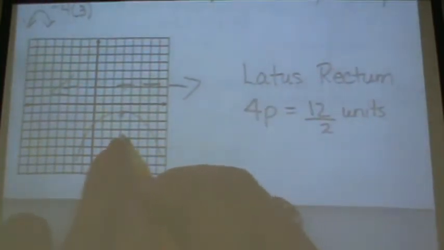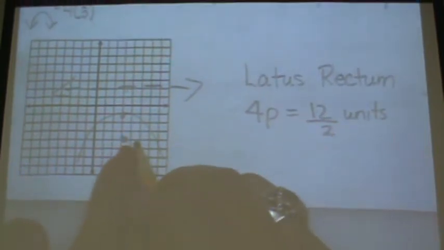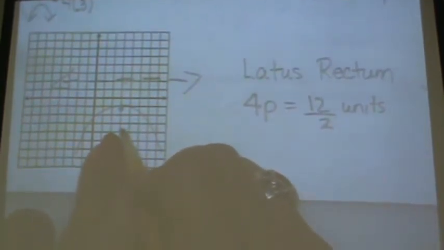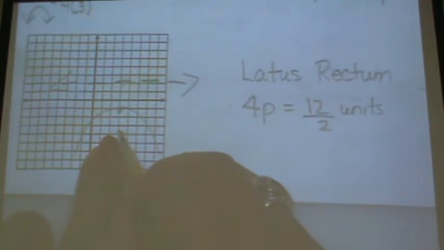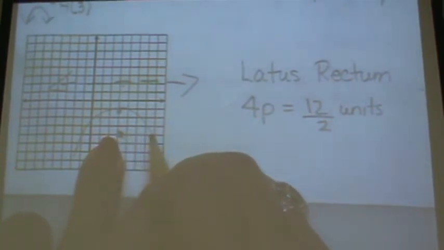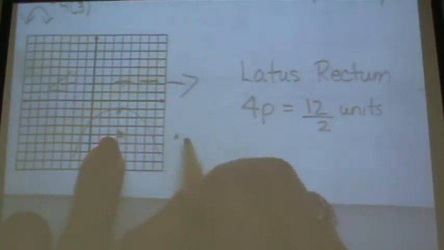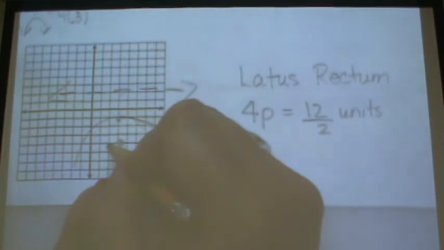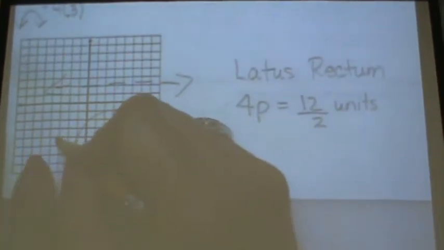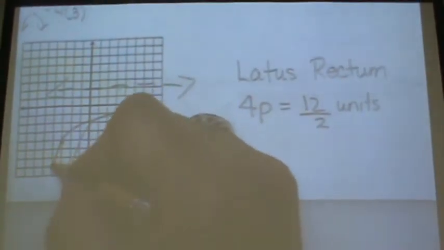If you cut that 12 into 2 parts, go 6 one way and 6 the other way, let's count 6. 1, 2, 3, 4, 5. That would be a point on the parabola. So the best graph looks like this. And then go 6 this way. 1, 2, 3, 4, 5, 6. That's your best graph.